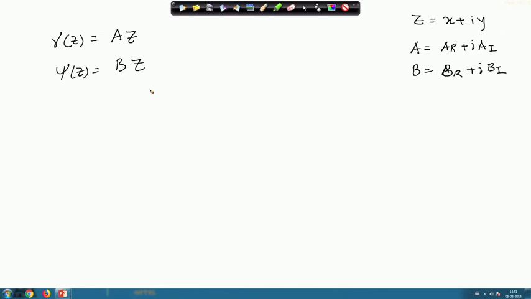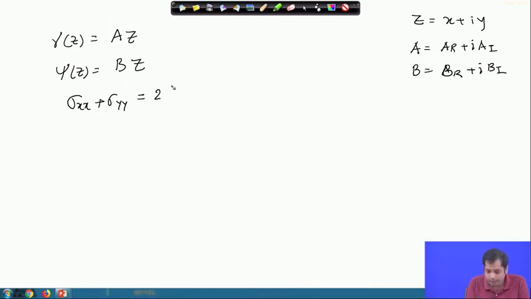Now, the first equation, if you recall, was sigma x plus sigma y, sigma xx plus sigma yy, and that was equal to 2 into gamma dash z plus gamma dash z conjugate. This was the equation, right. Now, gamma z is given here.